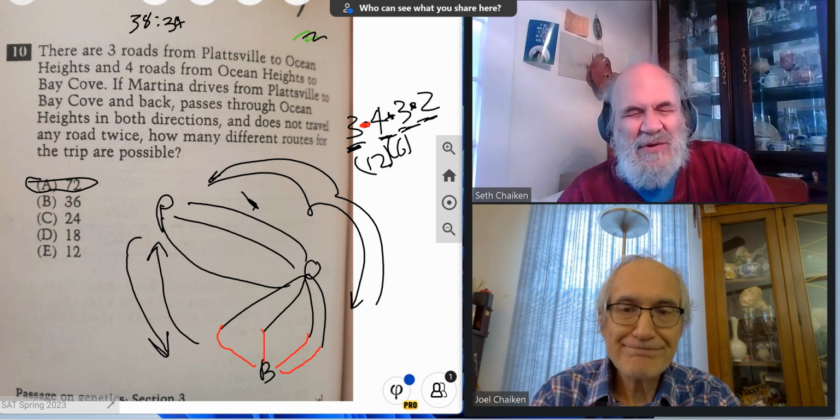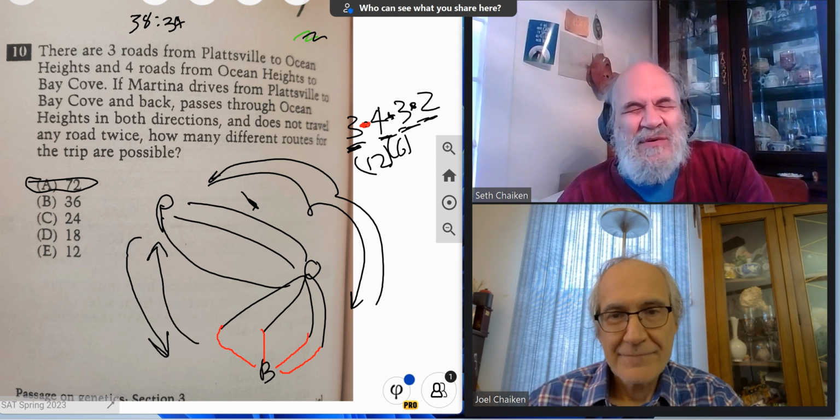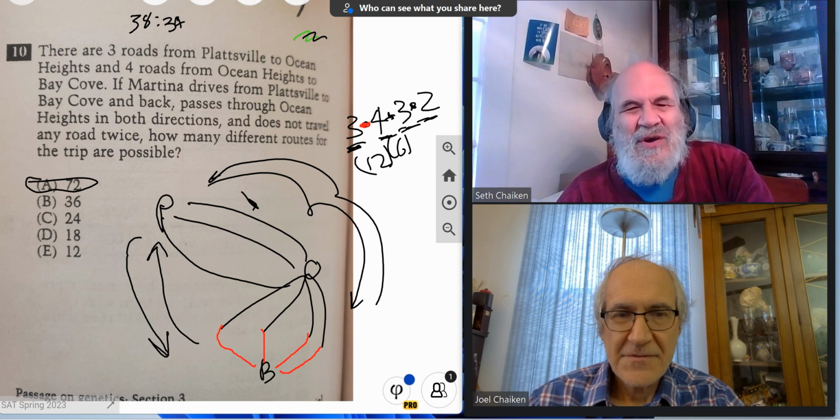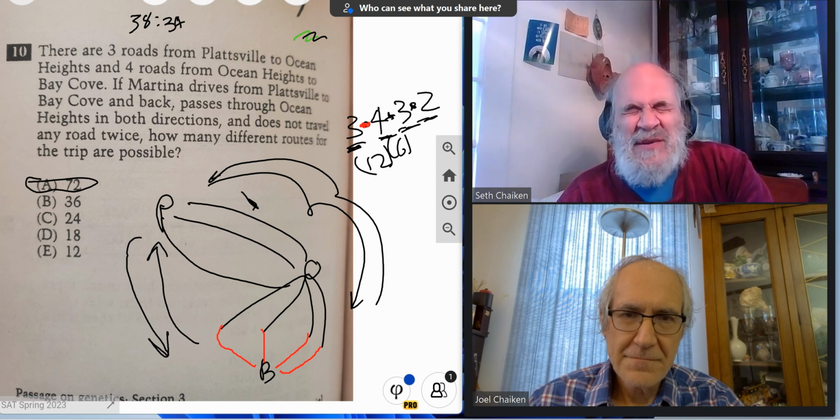But the problem is easier because even though the menu of choices at each stage of the trip depends upon the choices made earlier, the number of choices in each menu is the same, and therefore you can count the total choice sequences by multiplying the number of choices at each menu.